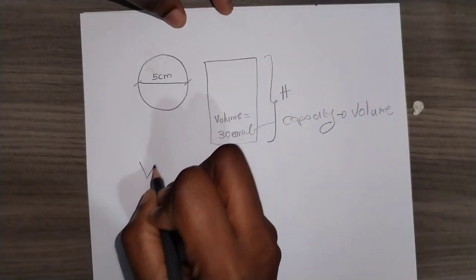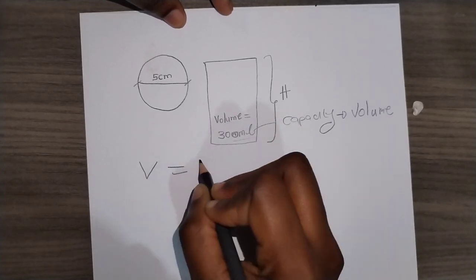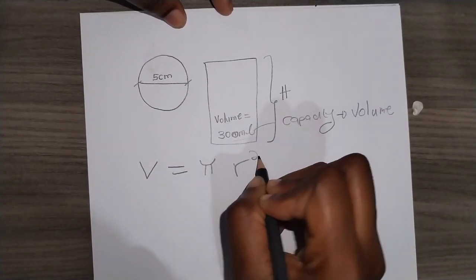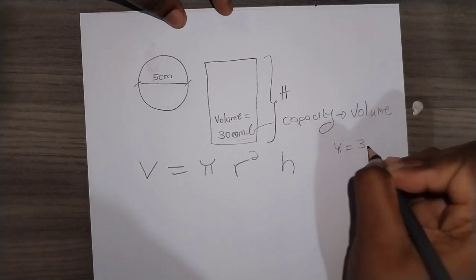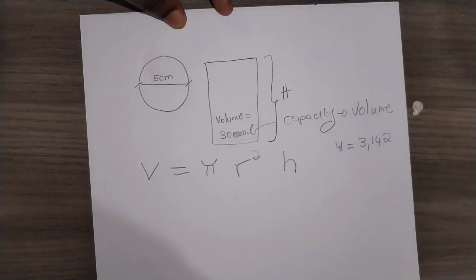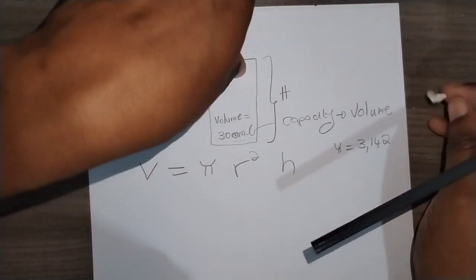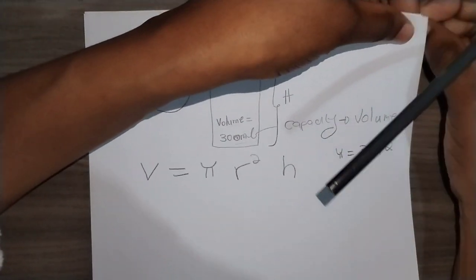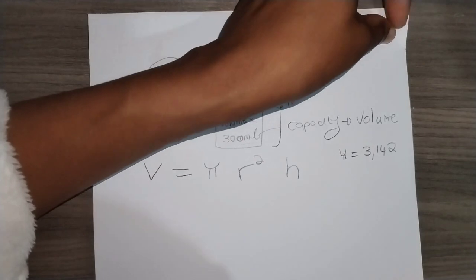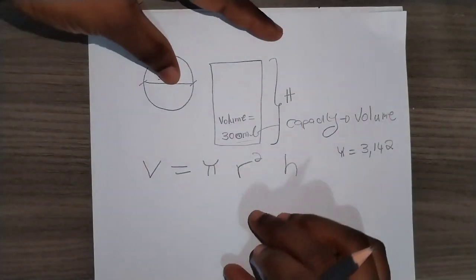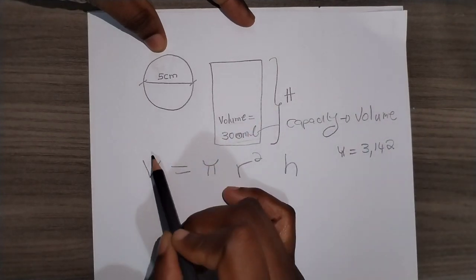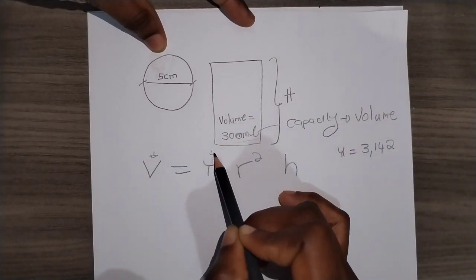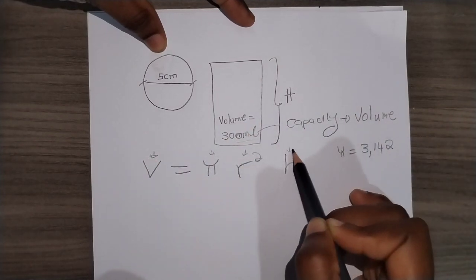They're going to give us the formula: volume is equal to pi r squared h, and they're going to say pi is equal to 3,142. So we are happy with that one. Now I'm going to make sure that everything I substitute here, the units of measurement, are correct.